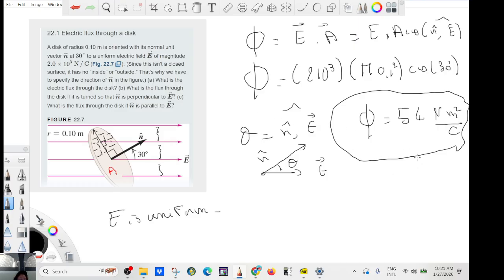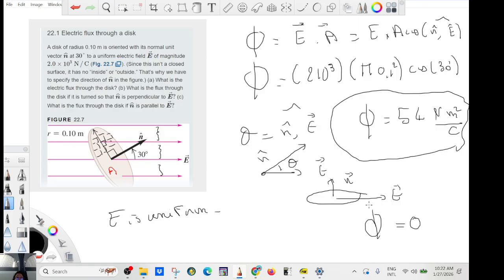So anyway, here we did that. They ask, what happens if they are perpendicular to each other? Zero. If n is this way and E is that way, nothing goes through, so the flux will be equal to 0.